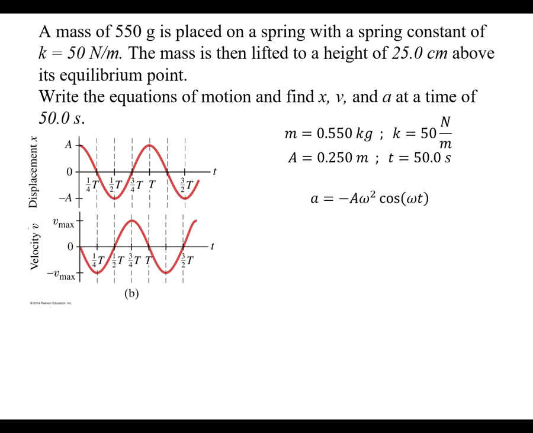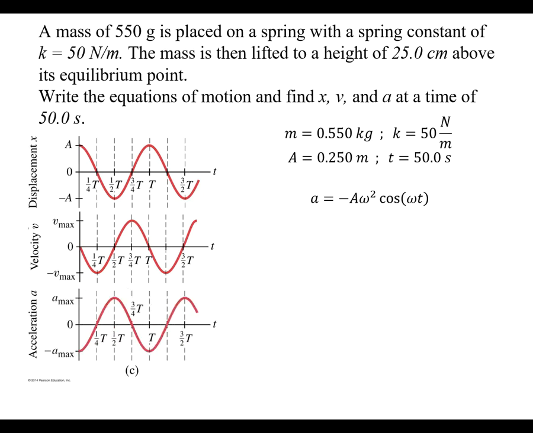Last but not least, we talk about acceleration. Acceleration is going to be the negative amplitude times omega squared times the cosine of omega t, and it would follow a graph that looks like this. So your acceleration then would be negative amplitude, 25 centimeters, times 9.535 inverse seconds squared, times the cosine of 9.535 t.